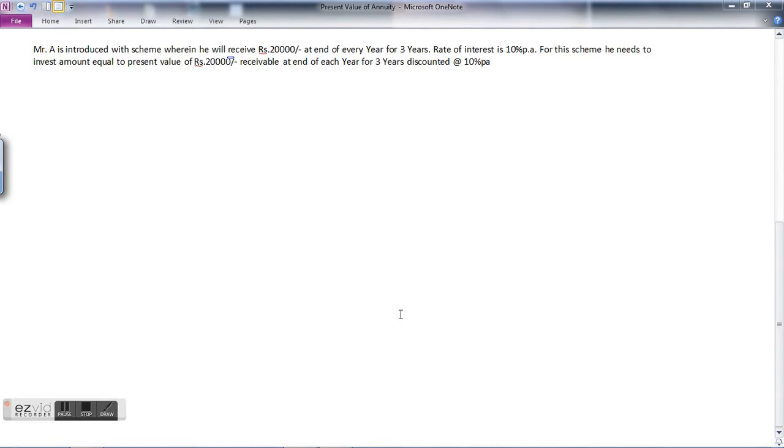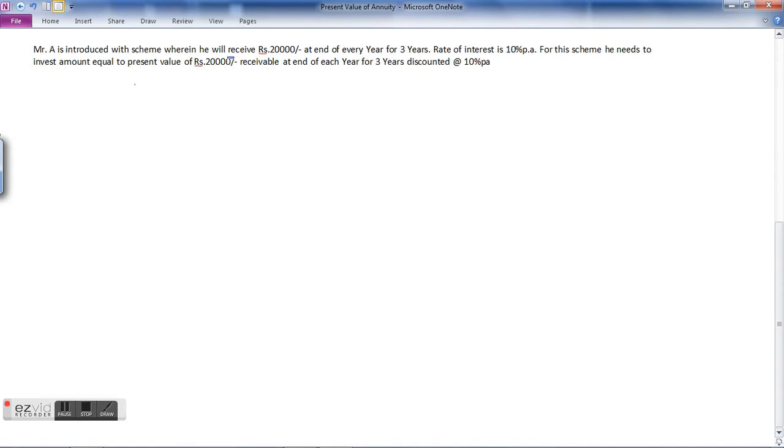For this scheme, he needs to invest an amount equal to the present value of rupees 20,000 receivable at the end of each year for 3 years, discounted at 10% per annum. That is what we need to find out.